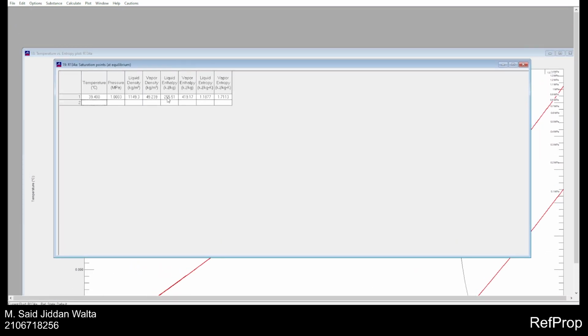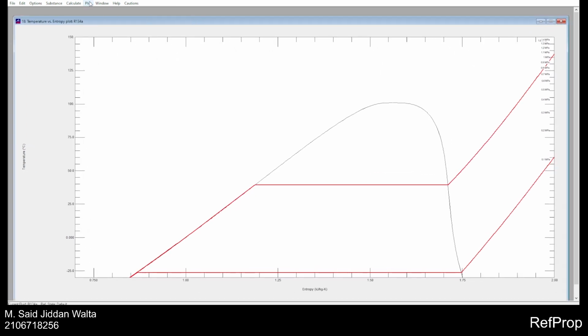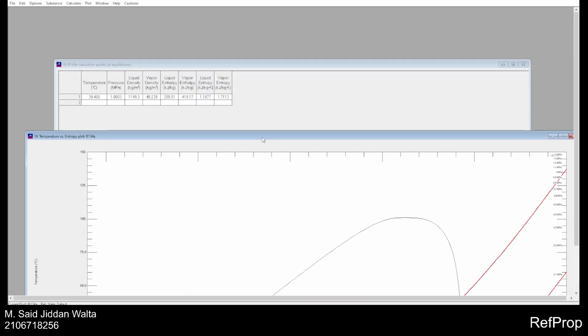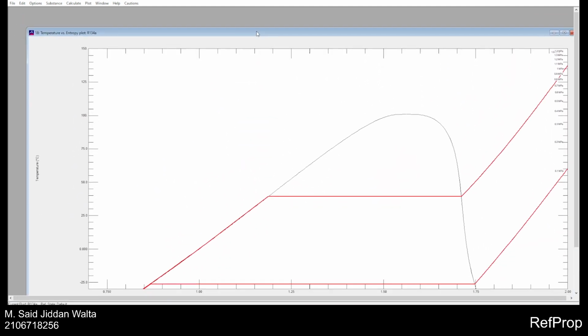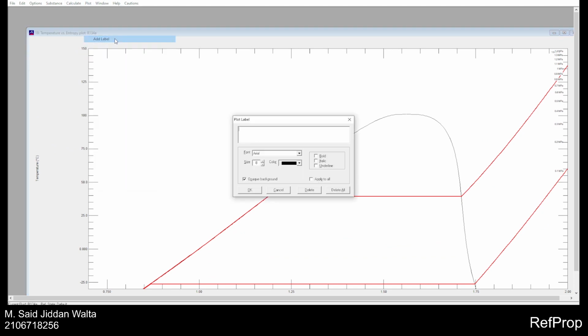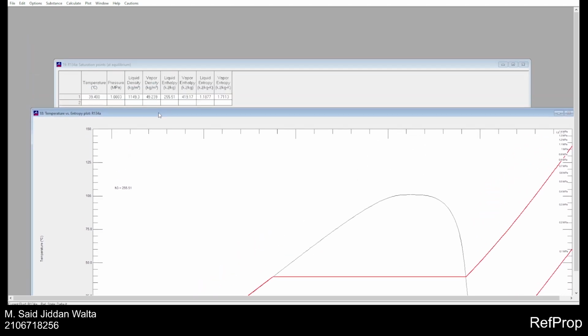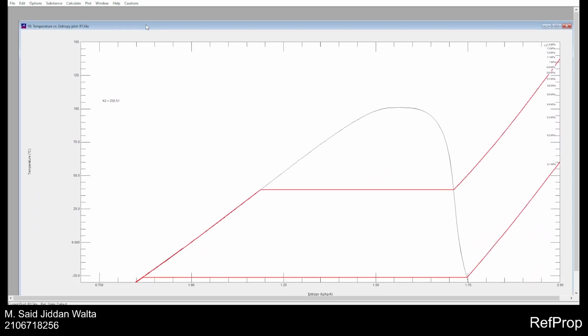So we have a value of liquid enthalpy of 255.51 and the liquid entropy of 1.1877. And we can just add this label. So H3 is equal to 255.51. And we can just put this on the side for us to remember. And the entropy for point 3 is 1.1877.